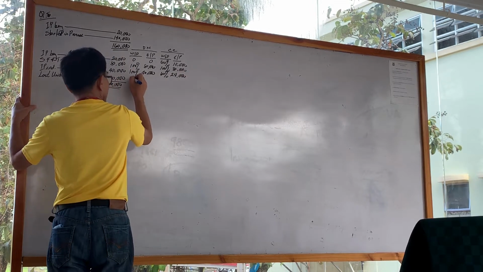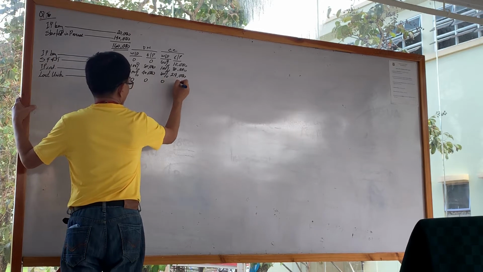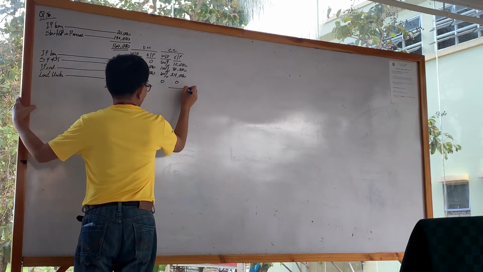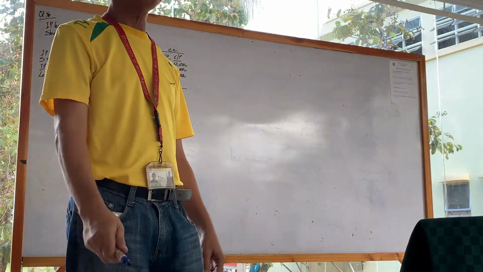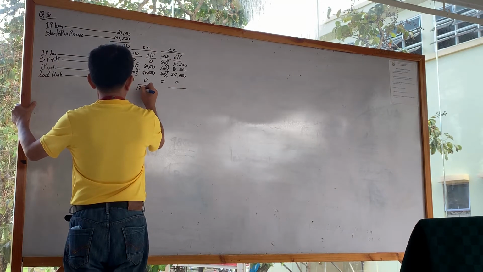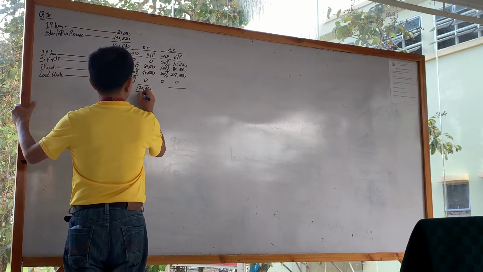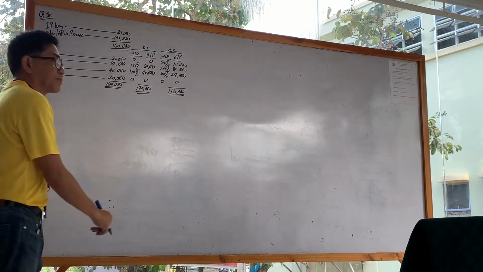This is 0. Okay? Why 0? Because it happened at the start of the process. Clear? Total 420,000 and we have 116,000 equivalent production.